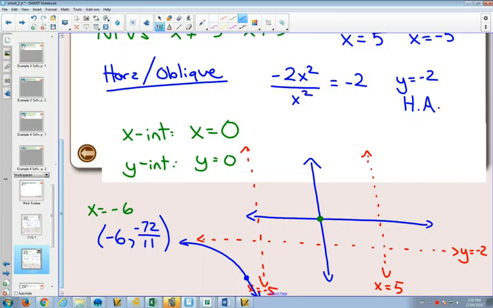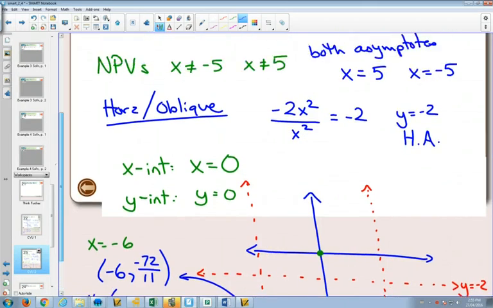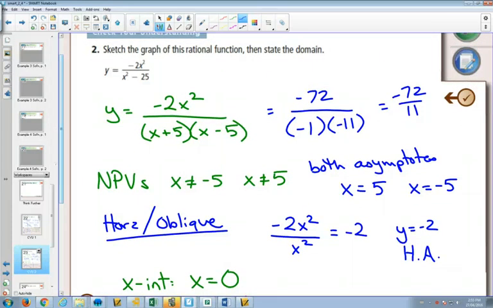Same thing when you plug in something in the third section when x is equal to 6. I'll go back up to my equation now. When x is 6, I'll still have -72 on the top. And on the bottom, when I plug in 6, can you see that I would get 11 and 1?